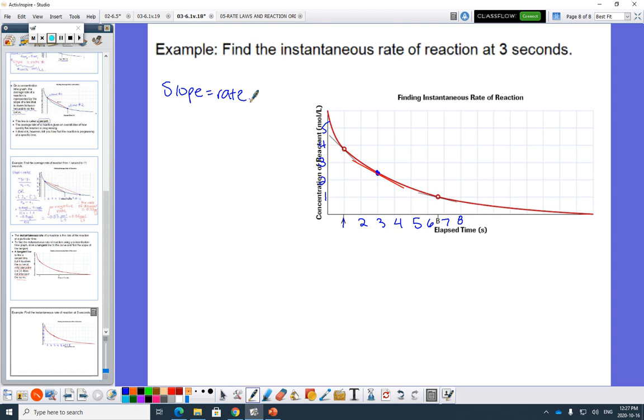So what I recommend that you do, you pick the nicest points you possibly can, okay? So when I look at this tangent line, I like this, and I like this. Because that's 4 seconds and 2 seconds. So at least the bottom, I'm pretty sure is going to be okay.